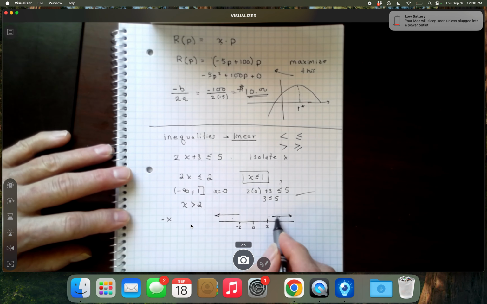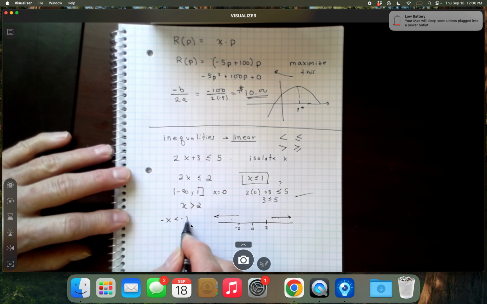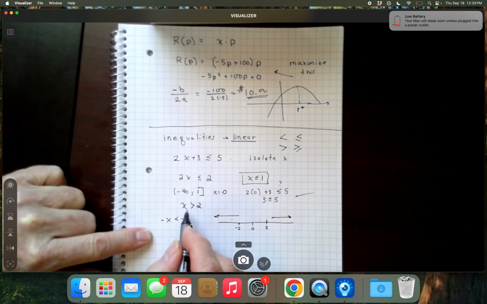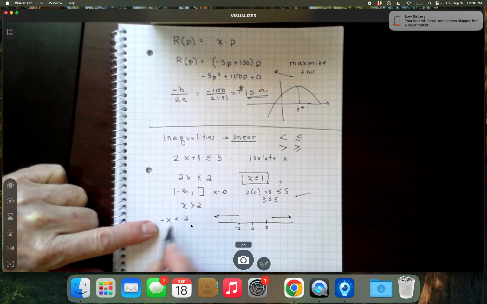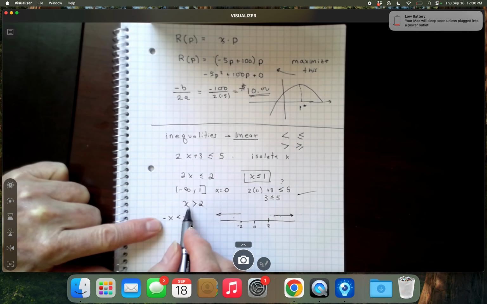If x is greater than 2, that means the opposite of x is to the left of negative 2. Now this is true. But notice this. Suppose someone tried to take this and say, to figure out what the opposite of x is, I'm going to multiply both sides by negative 1. So they do this, minus on this side.